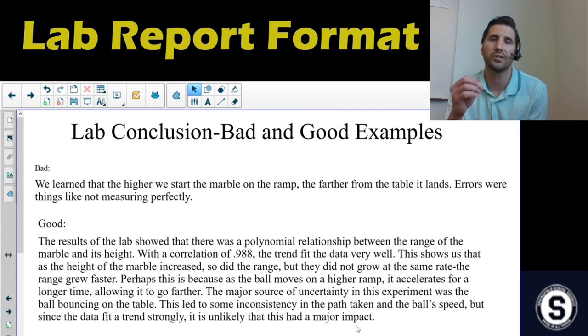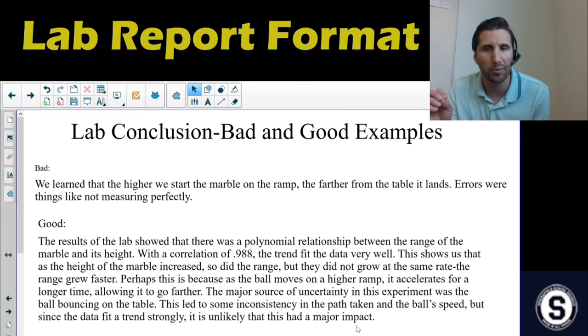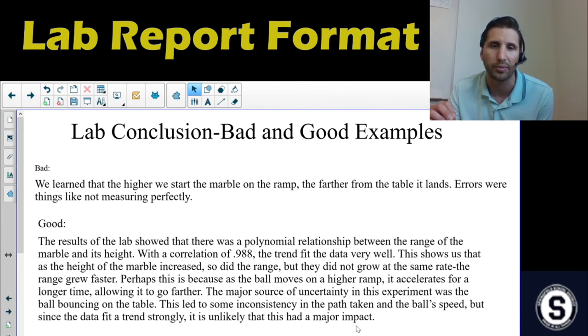We're talking about something specific, the bouncing on the table, that made it difficult to get good measurements and was inconsistent, but since it fits the trend well, we know that it didn't have much of an impact. Following a model like this is a way to write a really good lab conclusion. So you want to try to model it after this idea.